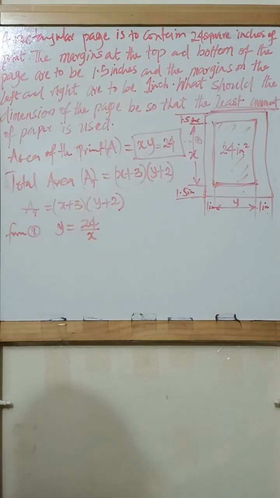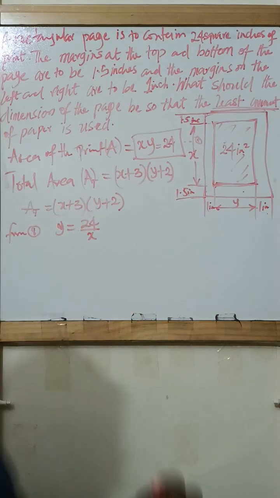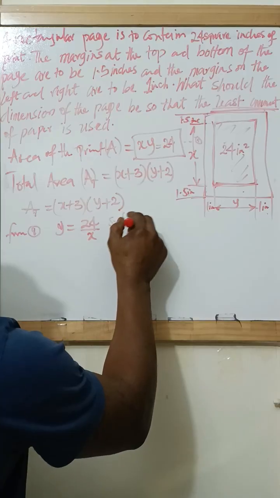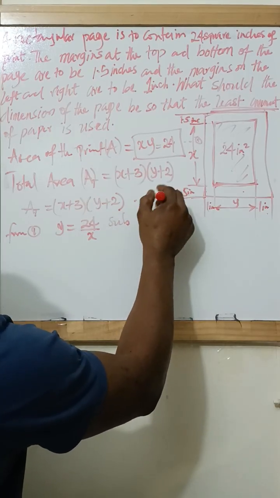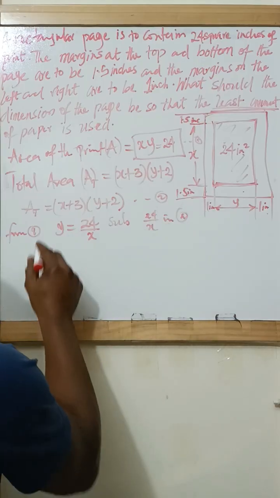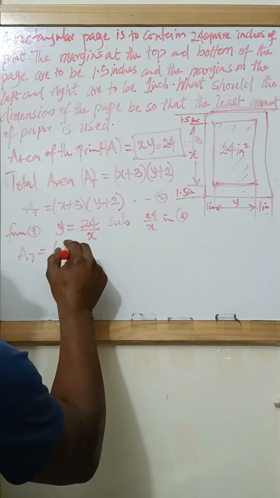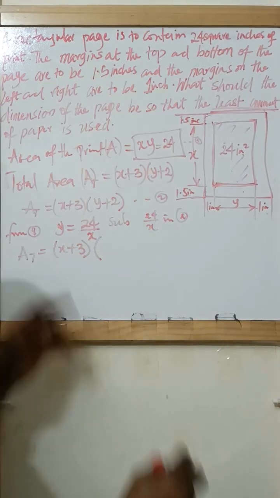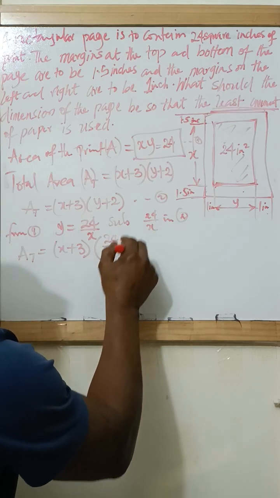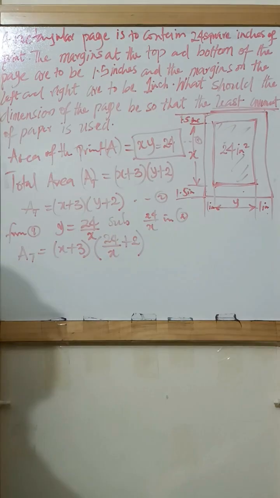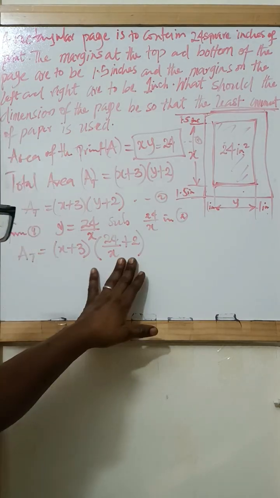We now substitute this in this equation, let's call it equation 2. So A total will now become x plus 3, and instead of writing y, we now have 24 over x plus 2. So we have been able to express this in terms of just one variable.